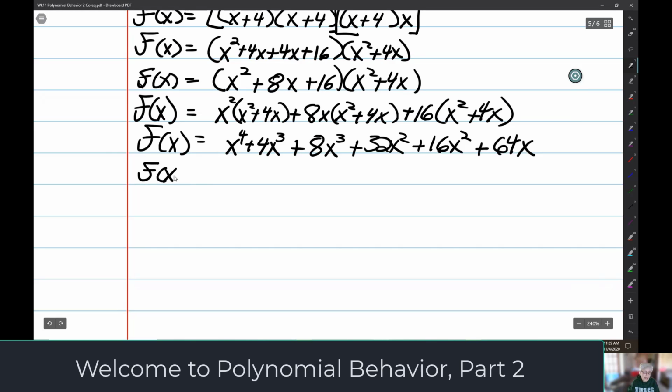So f of x equals x to the 4th plus 4x to the 3rd plus 8x to the 3rd is 12x to the 3rd plus 32x squared plus 16x squared is 48x squared plus 64x.